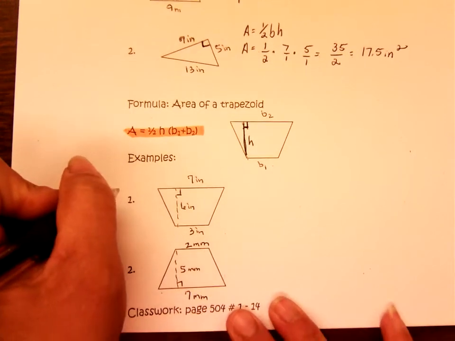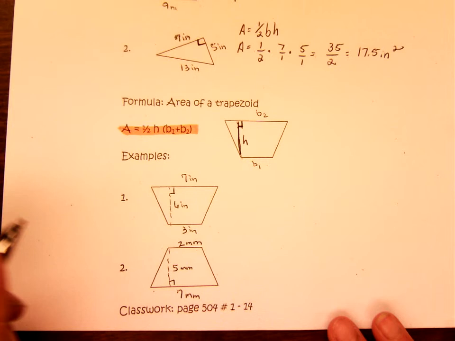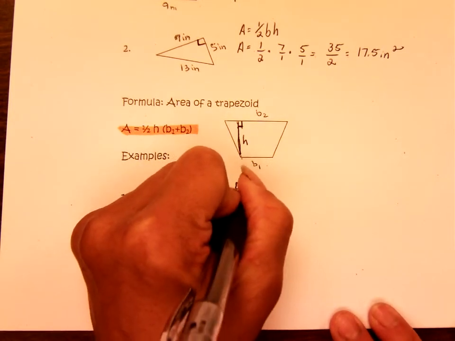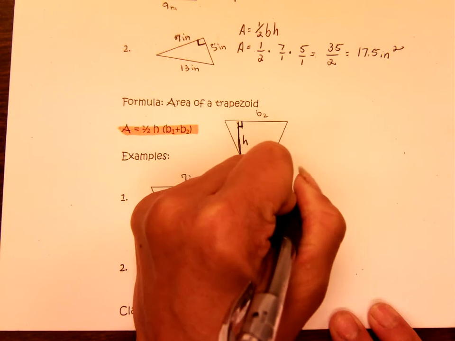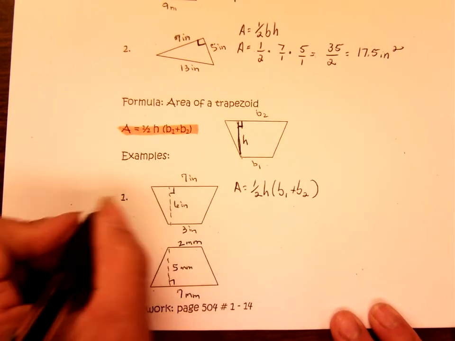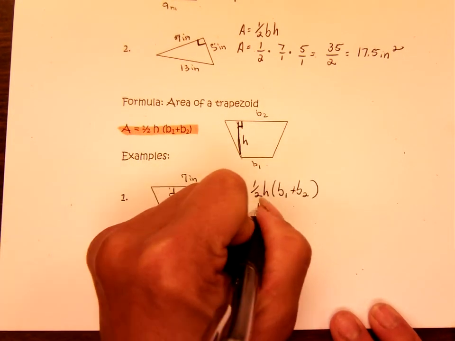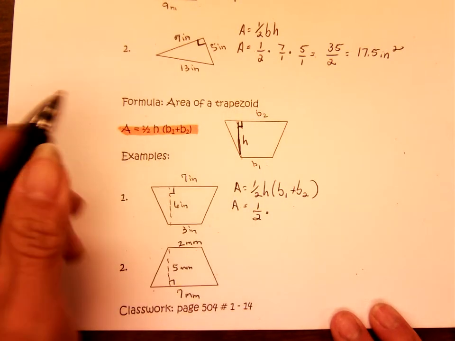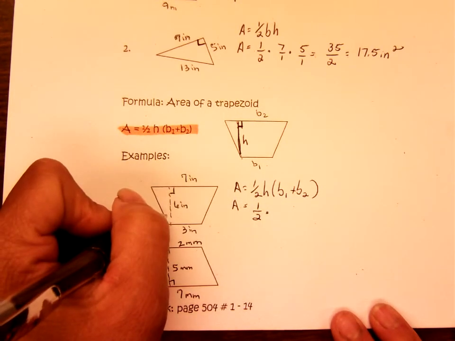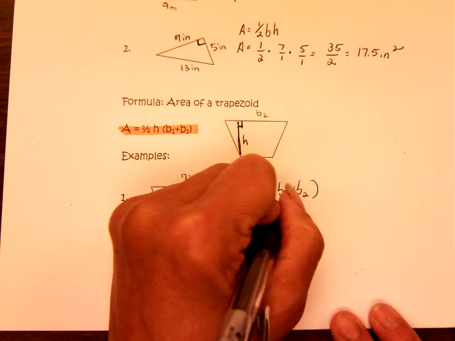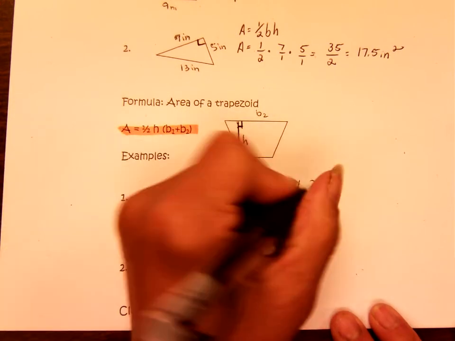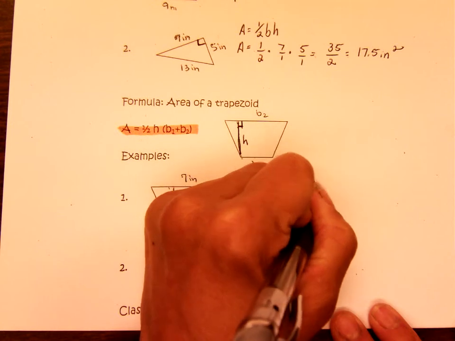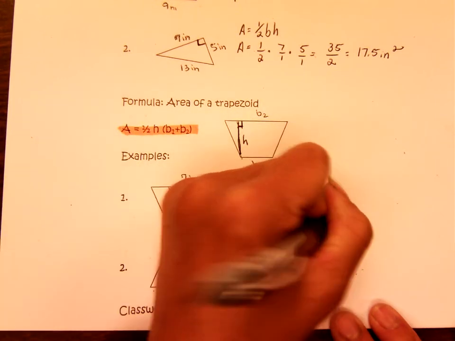So look at number 1. It said, write your formula. A is equal to 1/2 H, base 1 plus base 2. So area we don't know. So 1/2 times height, which is 6, so it'll be 6 over 1, parentheses, base 1 is 3, plus base 2 is 7.